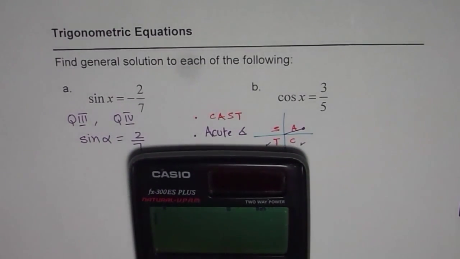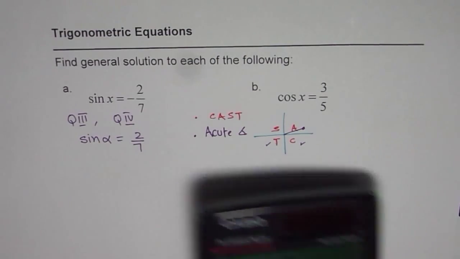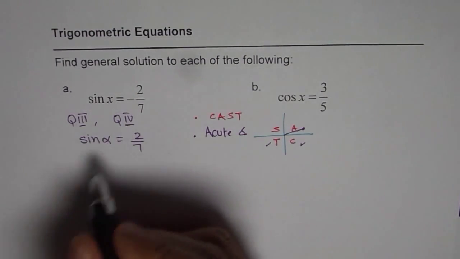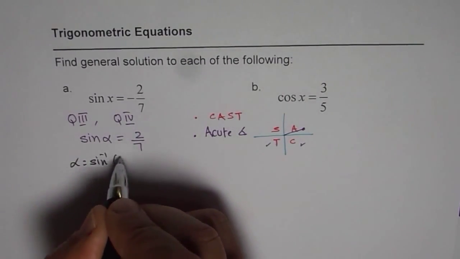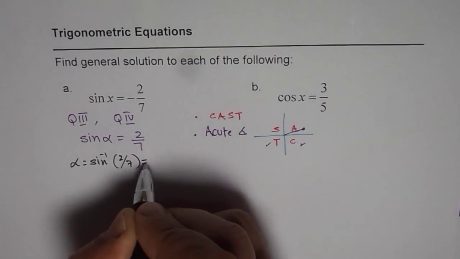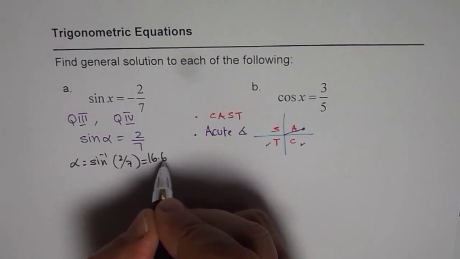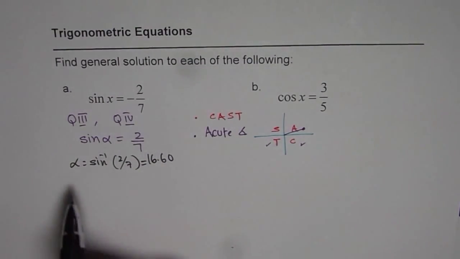So we do shift sine inverse within bracket. Don't use the negative sign. Just 2 divided by 7, which is equal to 16.60. So alpha equals sine inverse of 2 over 7, which is 16.60. That's the acute angle.